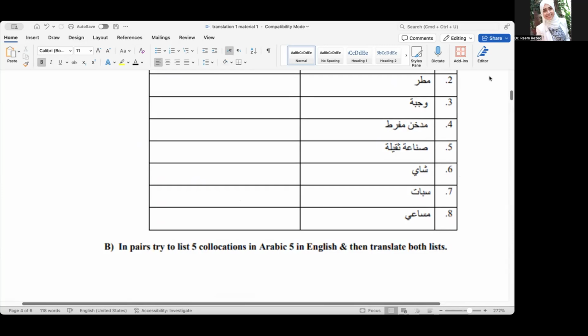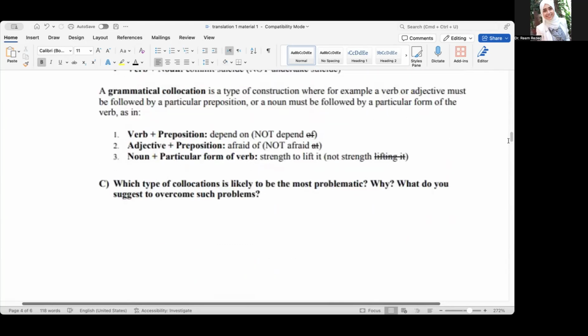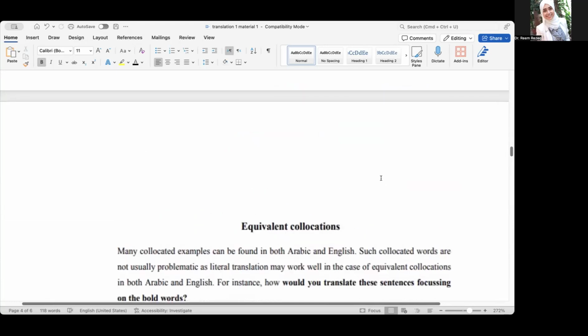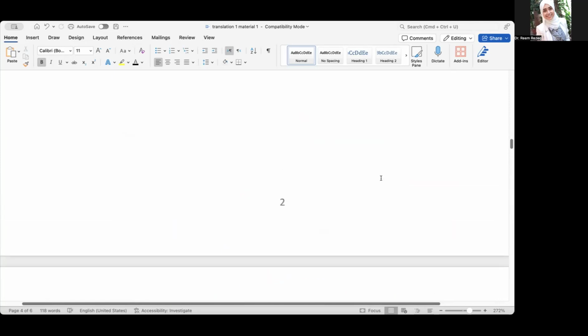Okay. Thank you so much for attending this session, and inshallah I just want to start with you a new session focusing on equivalent collocation. And this equivalent collocation really needs more effort in this regard.